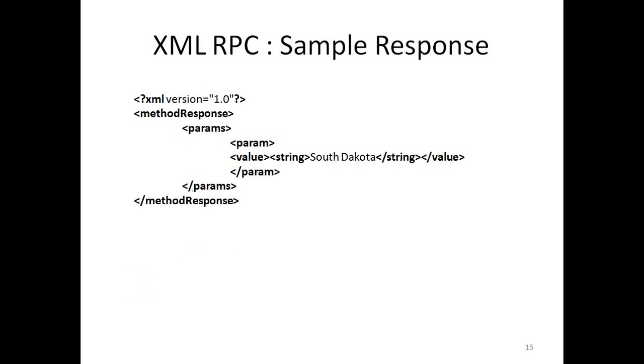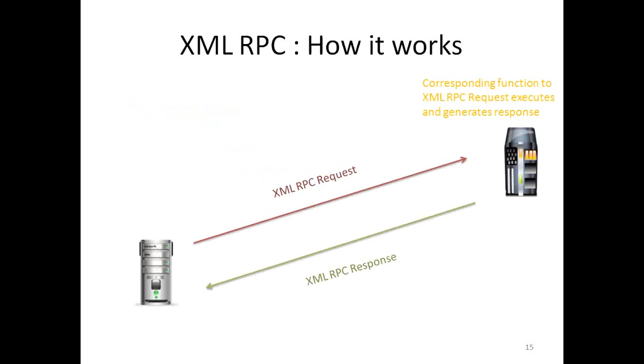So after that we send a sample request to server. It checks where this particular method is being implemented and it executes that method, and after executing that method it creates some response in XML format and sends back to client. So this is how it works. XML RPC request is being sent by client.